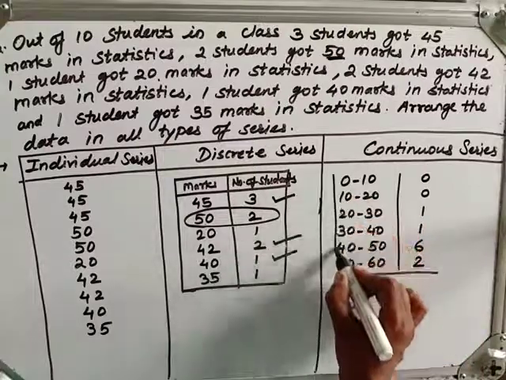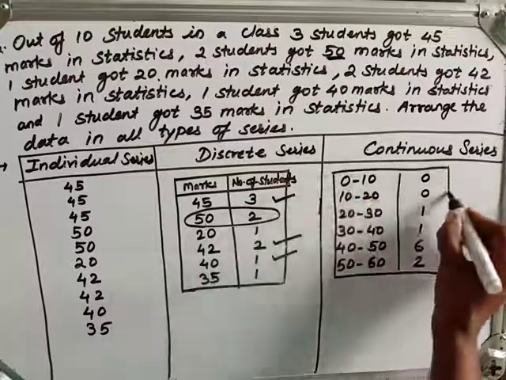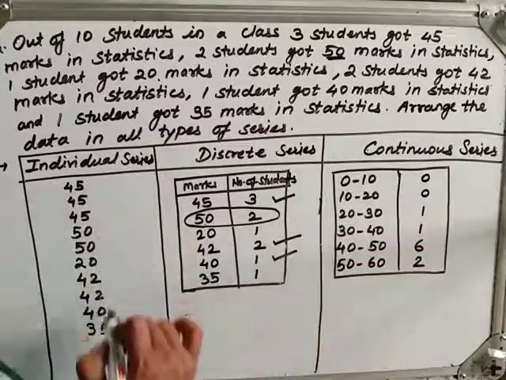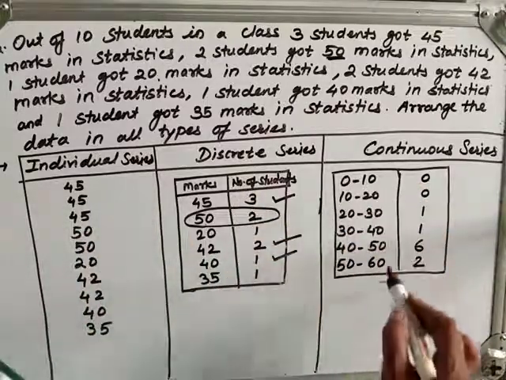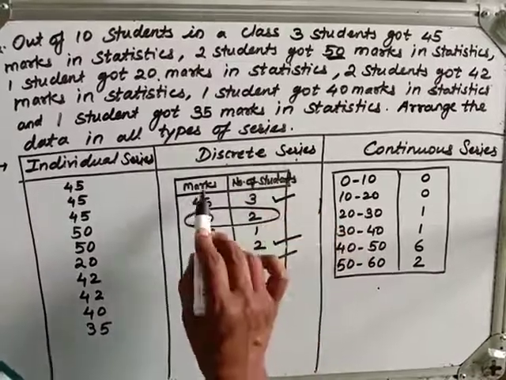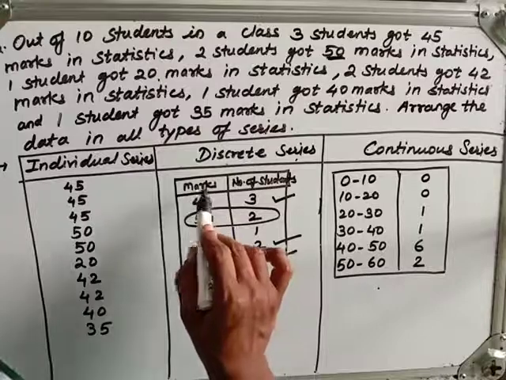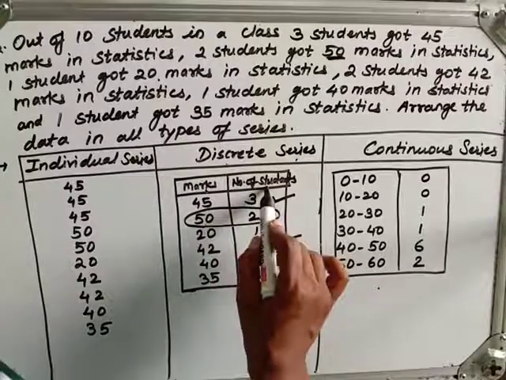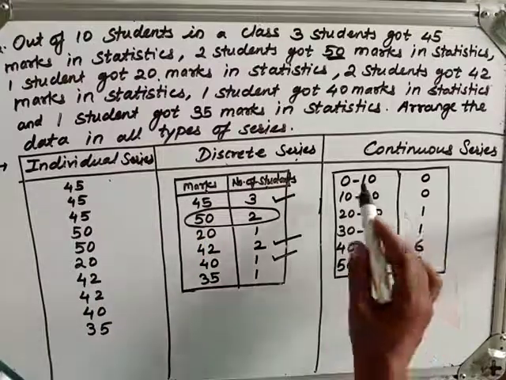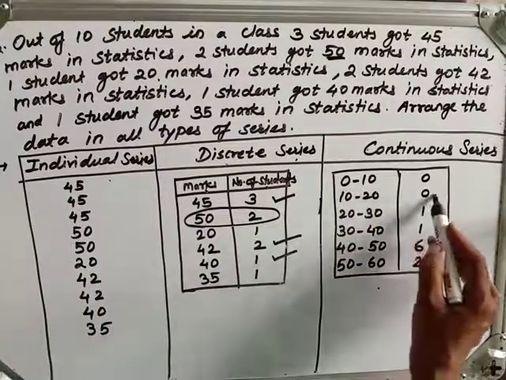So as such, we can write the given data in 3 different series: the individual series, discrete series, and the continuous series. The discrete series is simply the variable and the frequency. Individual series are simply the observations, and continuous series has the class intervals and the frequencies.